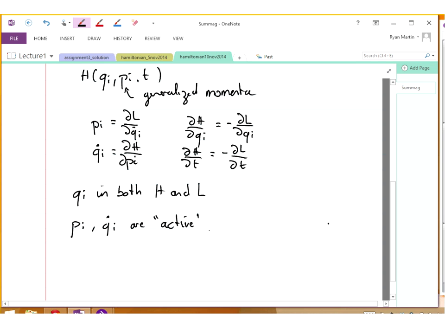So they're the ones that we get rid of. The q_i, we call those passive. Okay, so any questions about that?